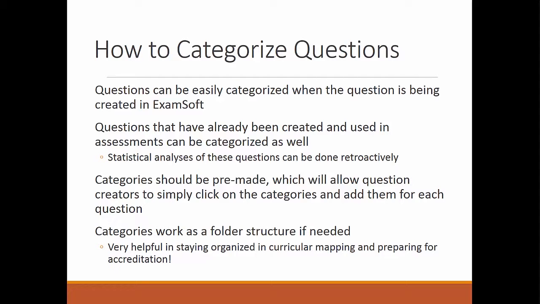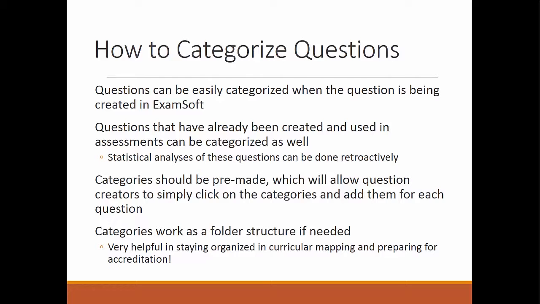So categorizing questions is pretty easy. You can do it while the question is being put in, whether you're entering it manually or importing it, or you can do it after the question's already in, so you can go retroactively. We've gone back several times and retroactively categorized whole semesters if we wanted to go back and get some data that we hadn't previously taken. Always know that your categories have to be pre-made. It's the easiest way, at least.